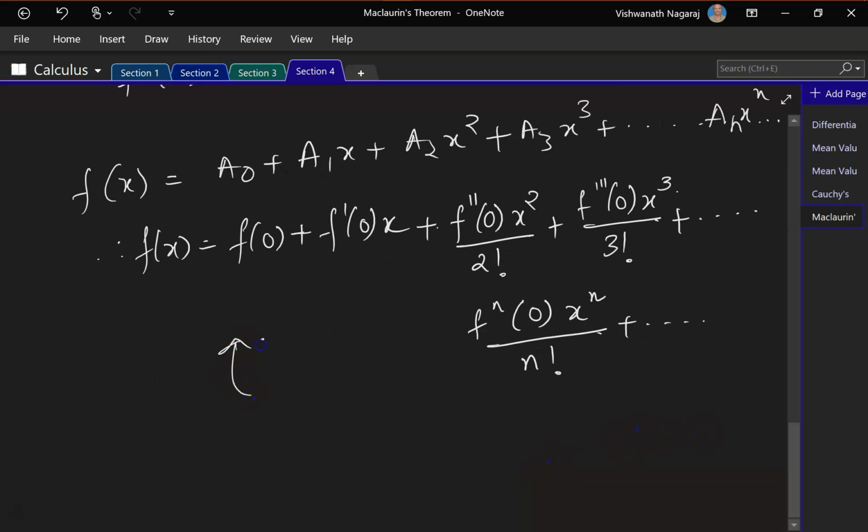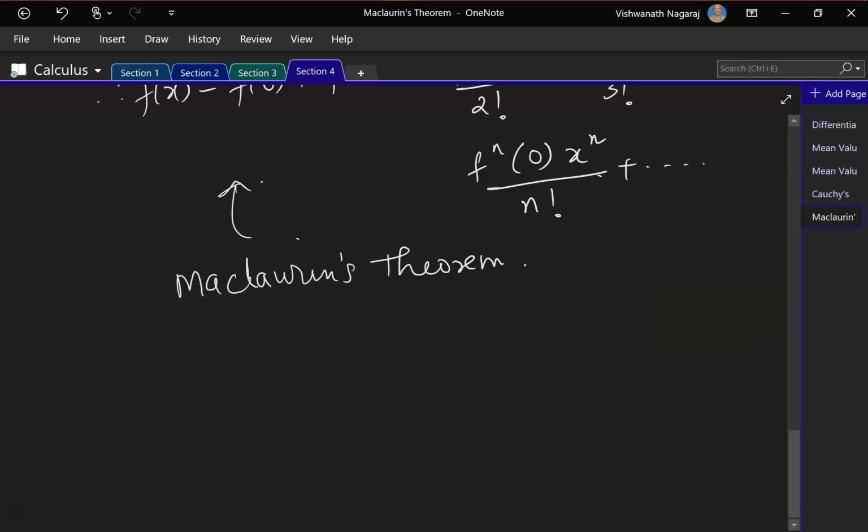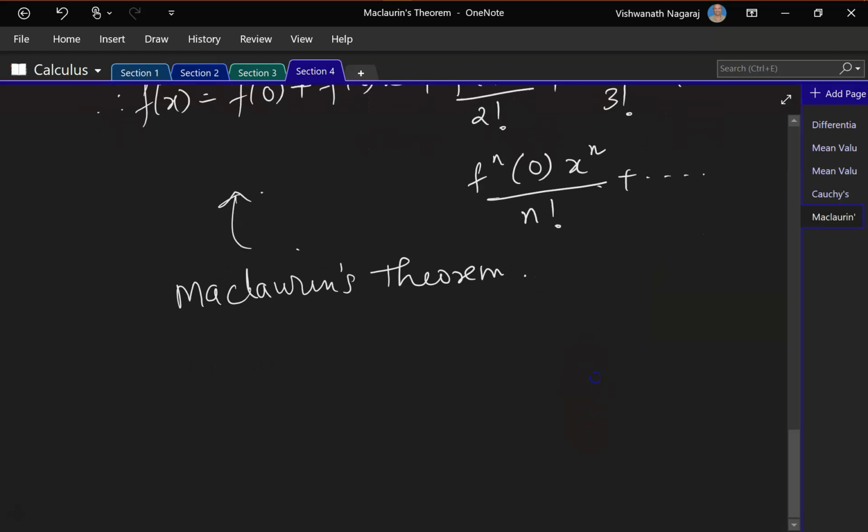Now this expansion is called Maclaurin's theorem.